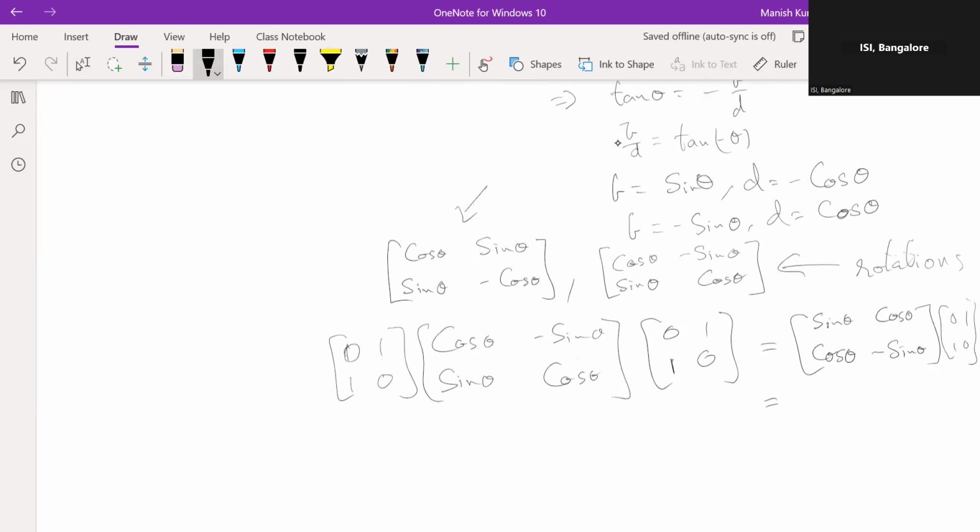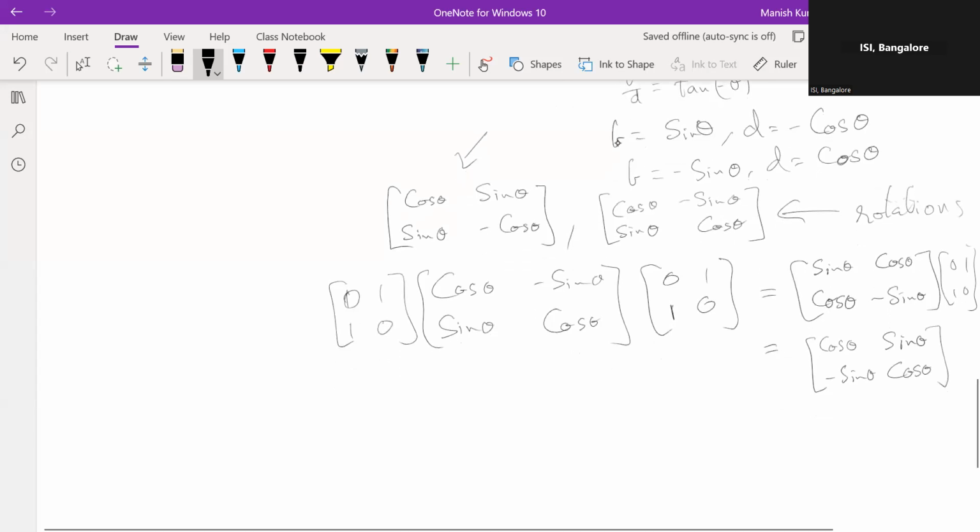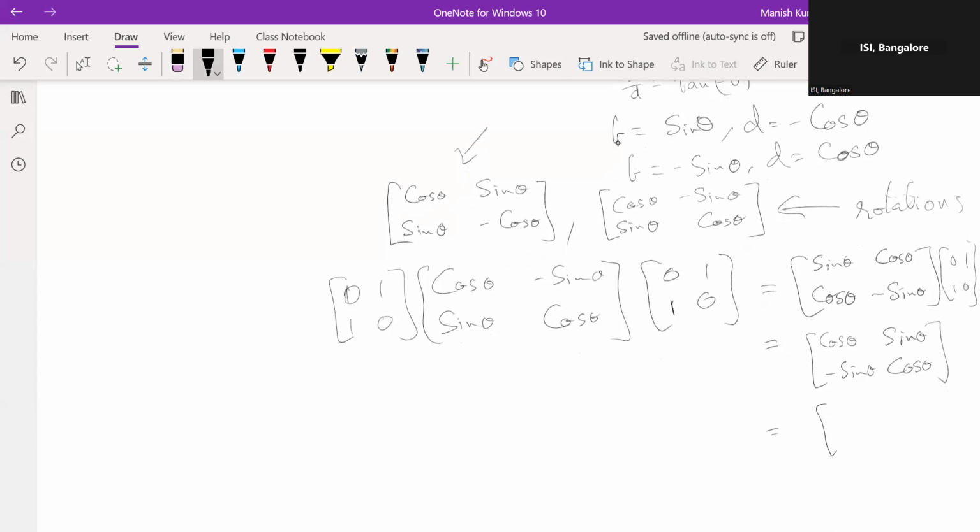and you get cosine theta and sine theta and minus sine theta and cosine theta. Okay, which is precisely cosine theta.